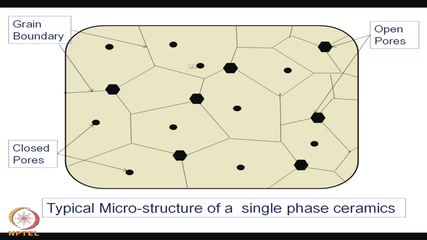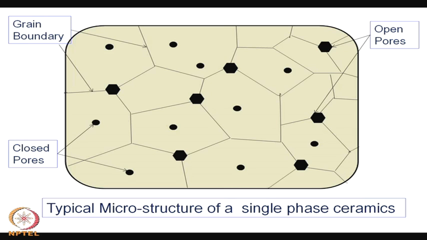This can also be an inclusion. A microstructure of this nature can also arise if, instead of a pore, one can imagine the pore as a second phase. If this becomes the first phase, this becomes a second phase, a different material, a different kind of structure, but in this case it is a void. Instead, this could be a different phase altogether, having a different crystal structure, different composition and so on.